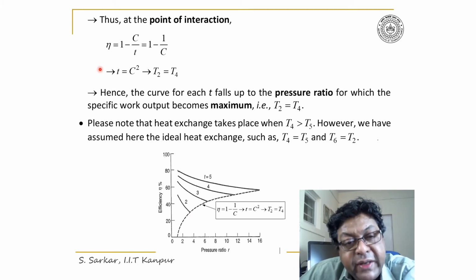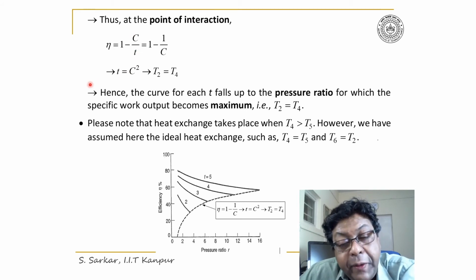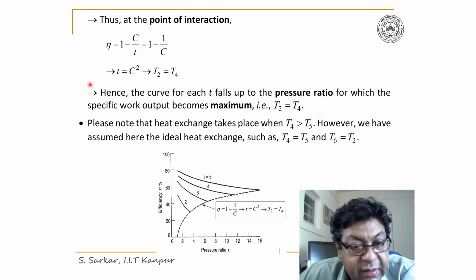Thus, I can write eta is equal to 1 minus C by T is equal to 1 minus 1 by C. So 1 minus 1 by C denotes the efficiency of a simple gas turbine cycle, and 1 minus C by T denotes the efficiency of a regenerative cycle.